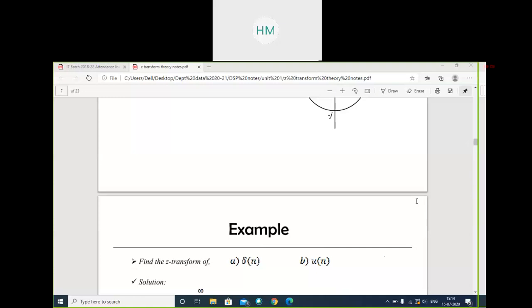All have to answer. So please simplify it in your copy. Start simplifying. Del n input signal is given to you and you have to find the Z transform x of z. So what we will do? We will put the formula of x of z is equal to summation n is equal to minus infinity to infinity x of n z to the power minus n to simplify this. Simplify and message me the answer in your chat box.